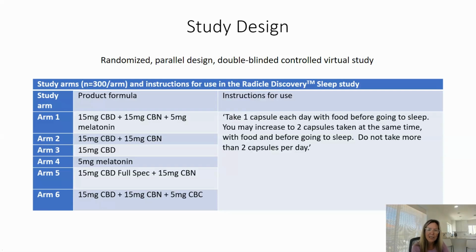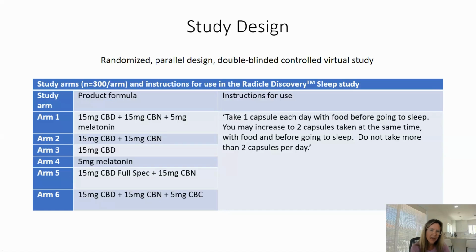We used a randomized, double-blinded, parallel design. The study was virtual, so completely decentralized. We recruited the subjects via social media and other online venues, and the entire study was done decentralized.